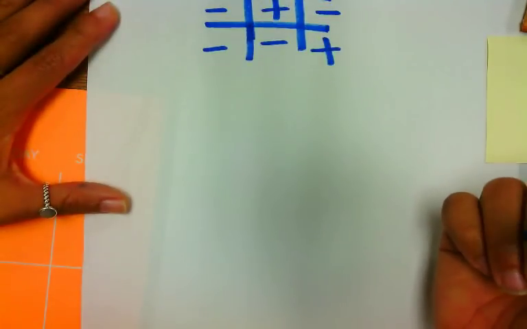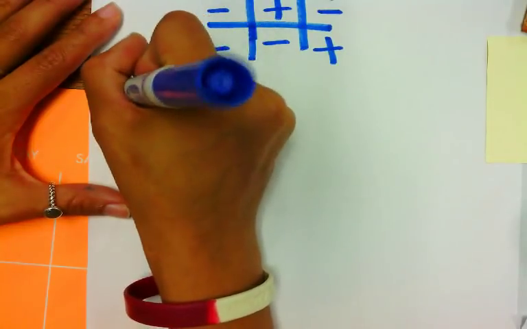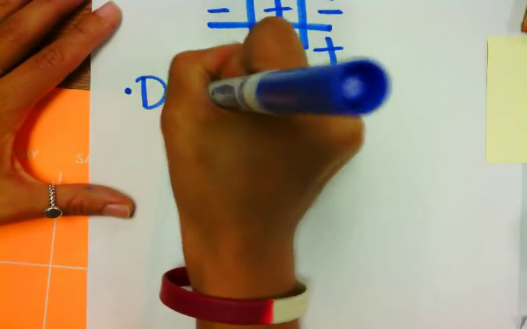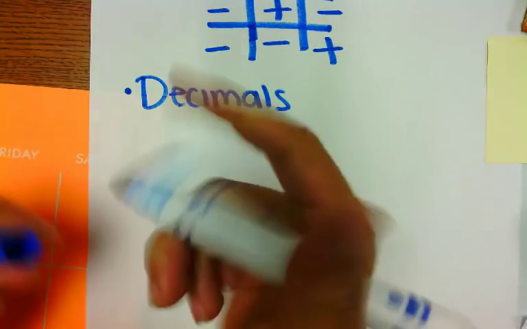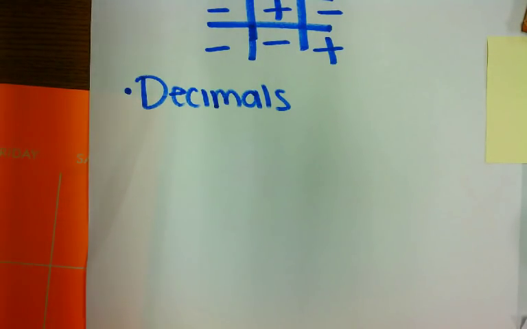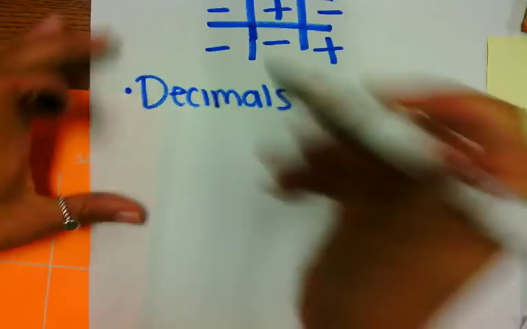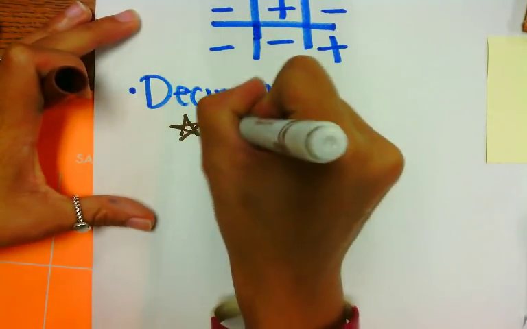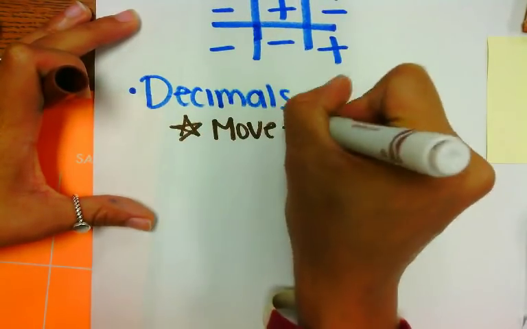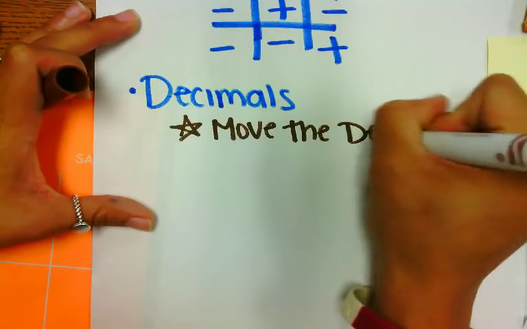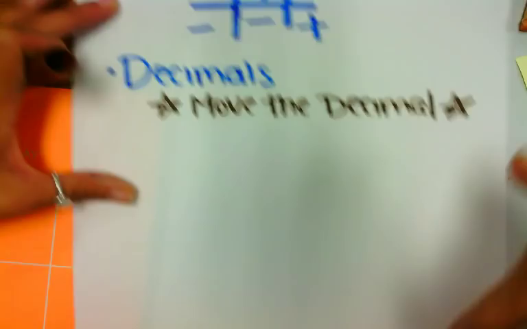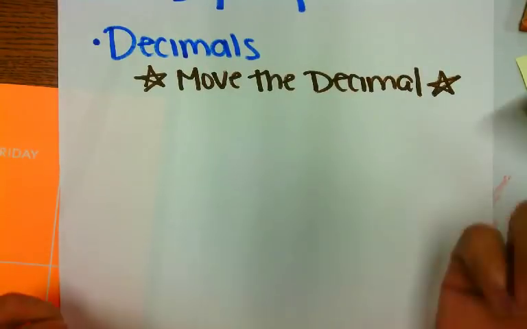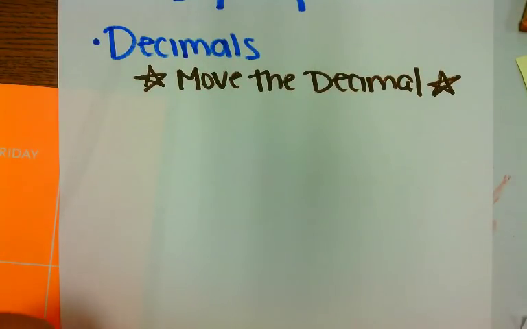Okay, so first one, when you have decimals, the key for decimals is that you have to move the decimal. Alright, that is your key. You're not dropping it down like you are in adding and subtracting.